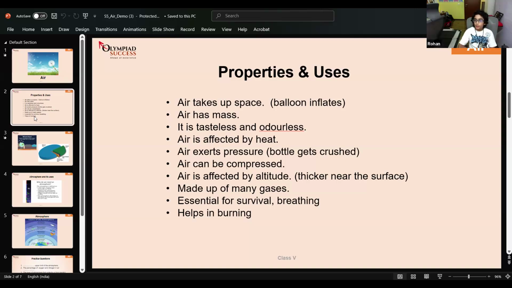Coming to the next point, air has mass. As I told you before, matter is something which has mass and occupies space. Mass is actually the volume or the weight, whatever you can say in your terms. That means there are atoms in it.